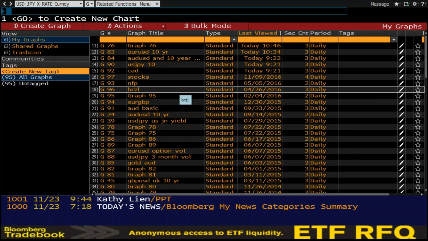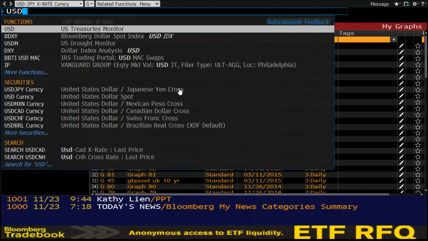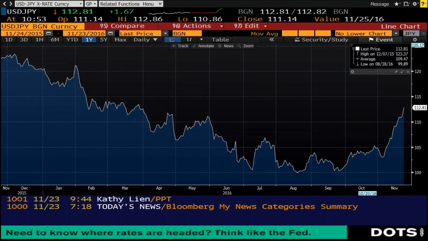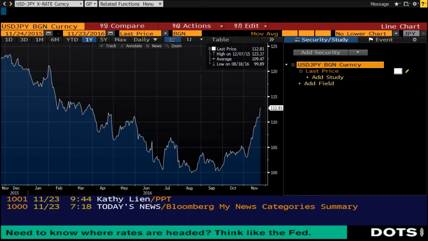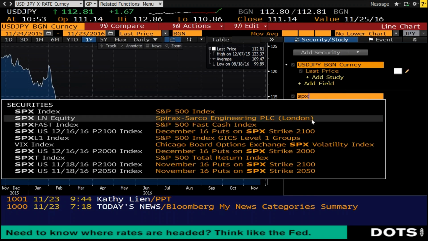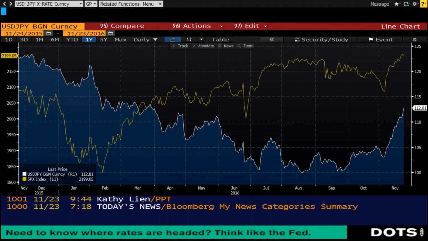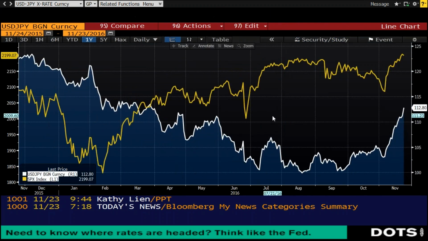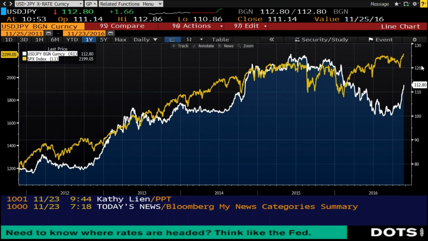Let's just do dollar-yen again. And I'm going to put the stock market, S&P, over it. So you can see dollar-yen on a 5-year basis has a very strong correlation with U.S. stocks.